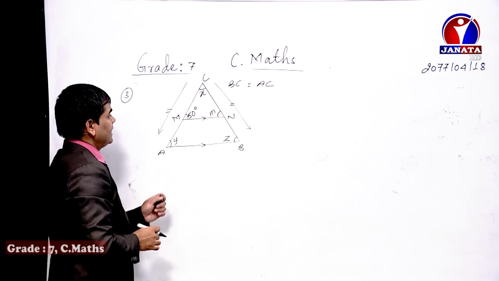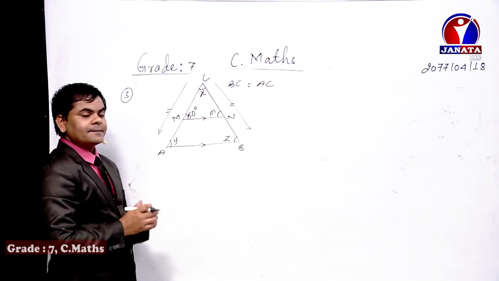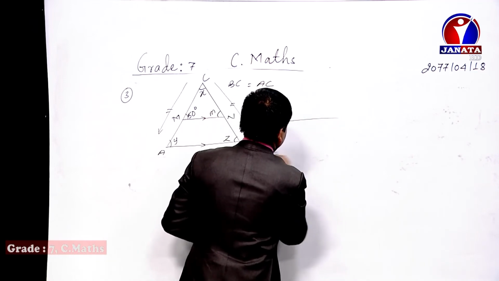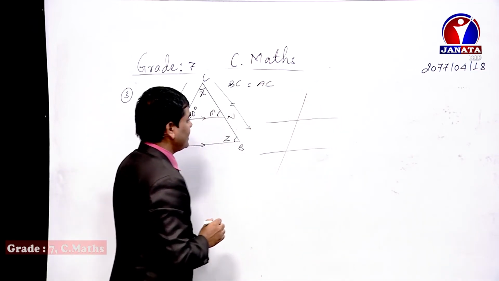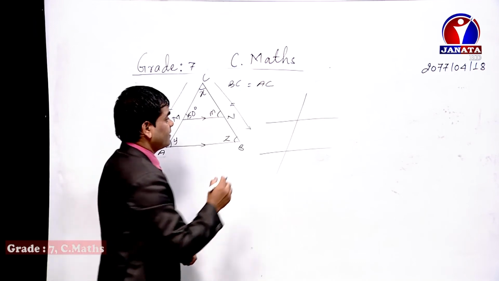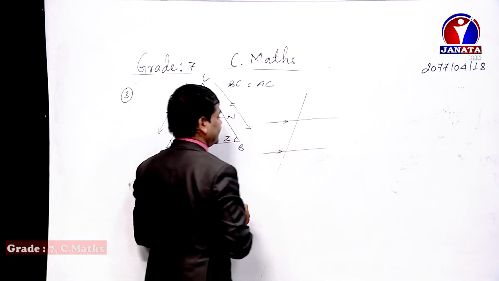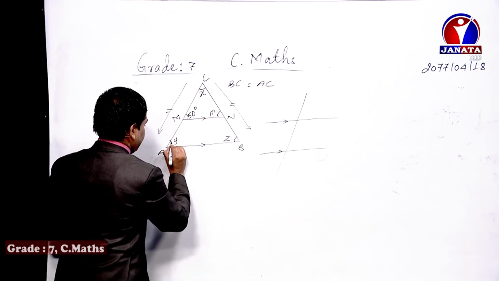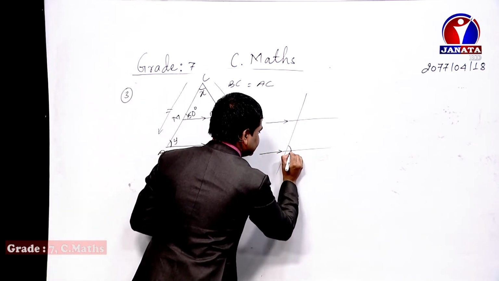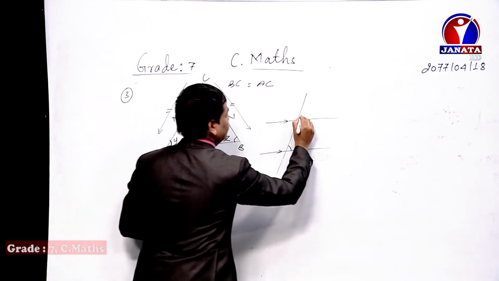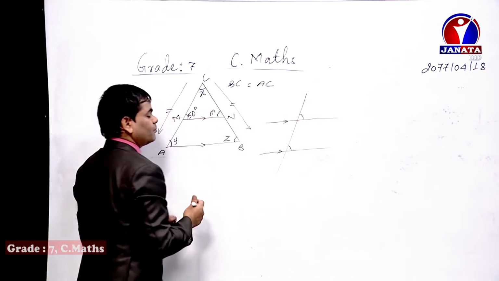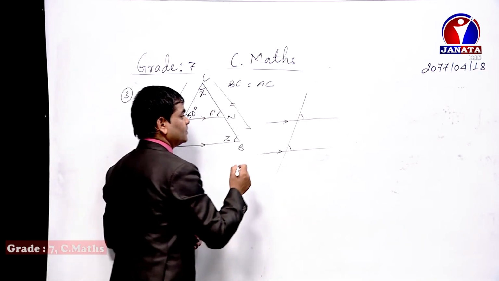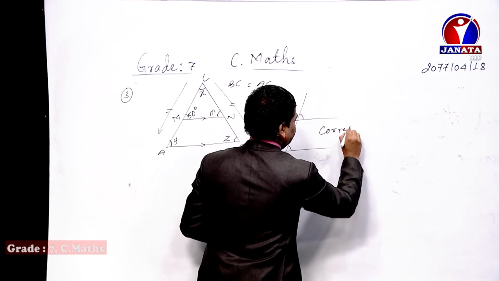First of all, dear student, 50 degree equals Y, being corresponding angle. What did I say at the time? Between two parallel lines, because of one transversal, when those two parallel lines are intersected or crossed over, one angle is in the inside and another angle in the outside, but both are on the same side, at the time they form the corresponding angle, isn't it?